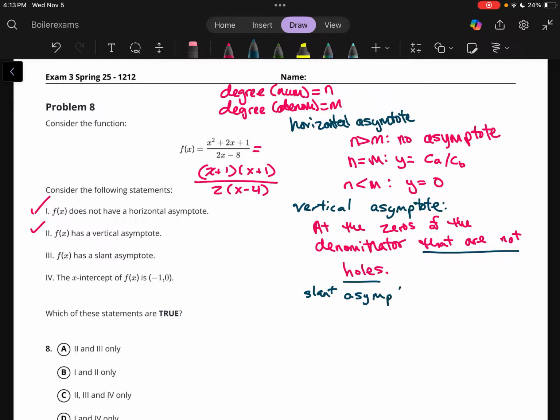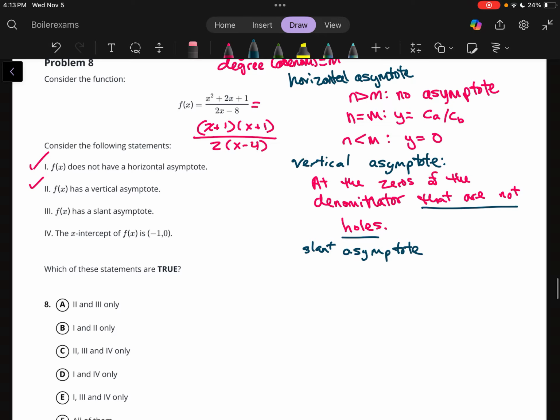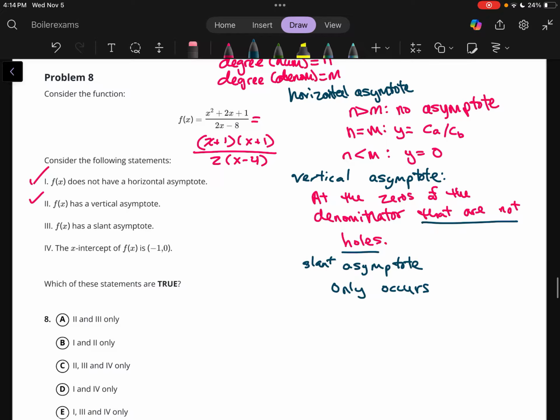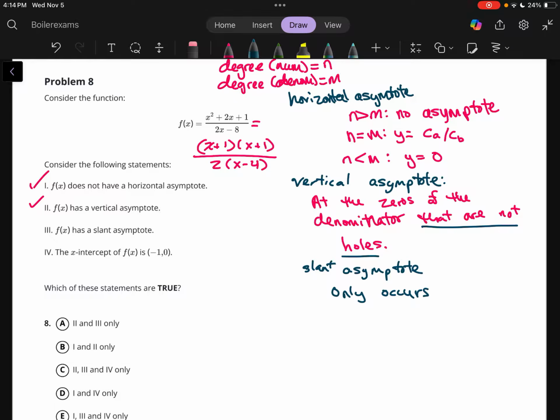So a slant asymptote only occurs, going back to our nomenclature of the degree of the numerator is n and the degree of the denominator is m, when the degree of the numerator is equal to m plus 1. So if you have something like x to the power of 4 divided by x cubed, yeah.